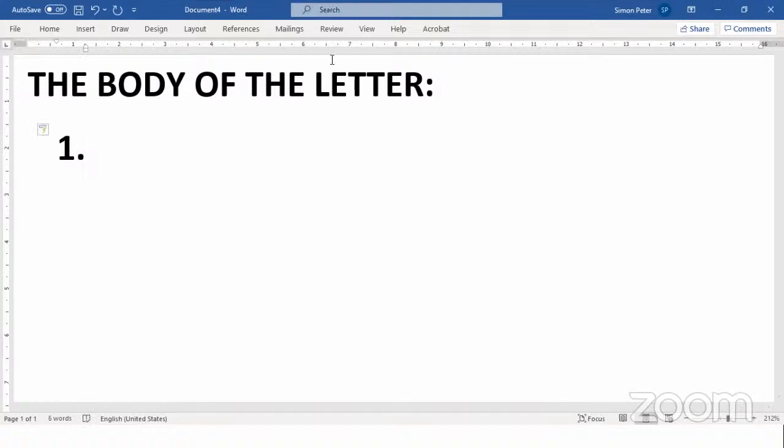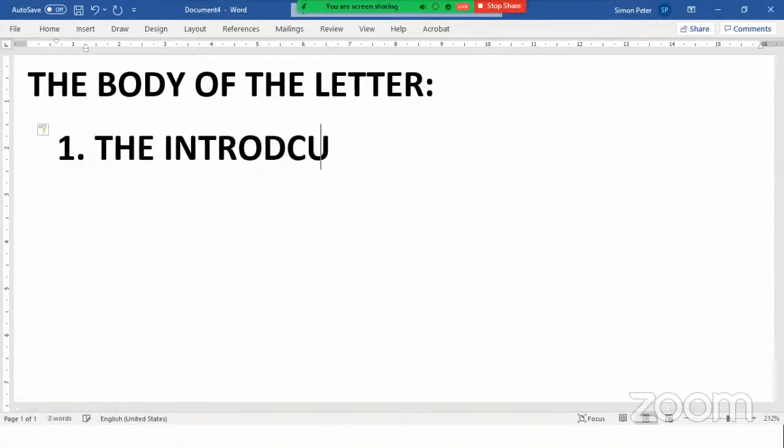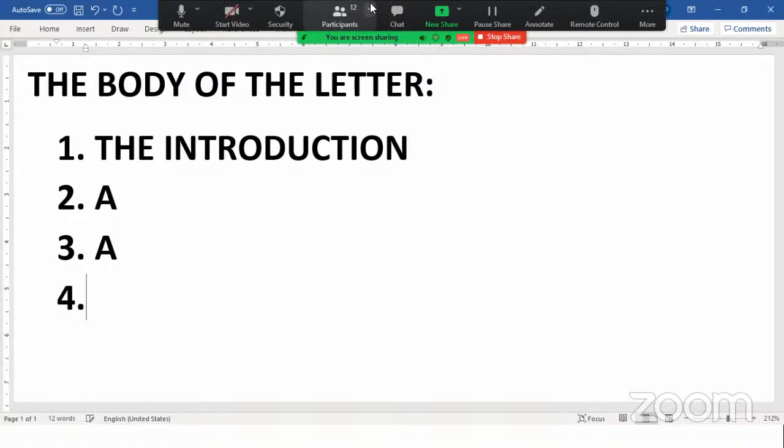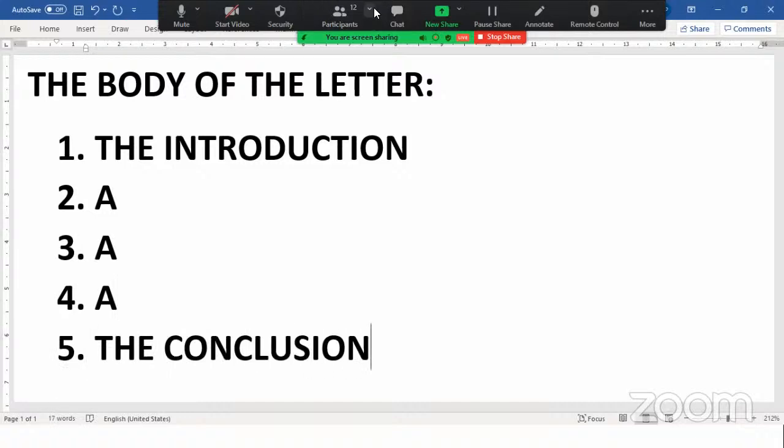Number 1, the introduction. And the conclusion. The introduction and the conclusion. So fine.